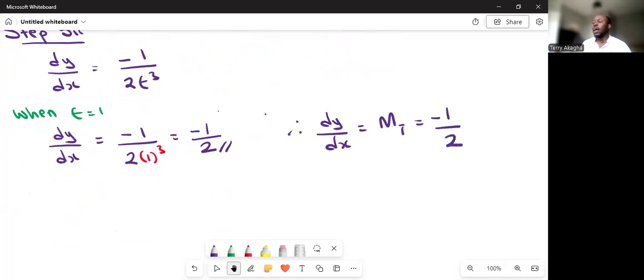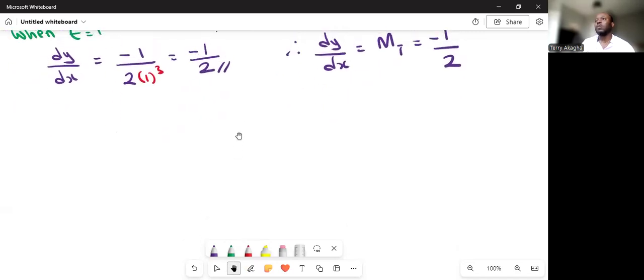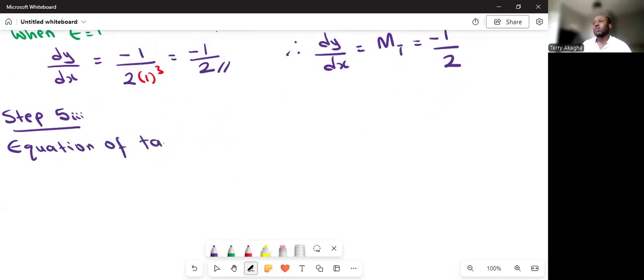All right. Now, we then have to find the equation of tangent and normal. So step 5.3 was for the equation of tangent, so we'll do that first. If we're looking for the equation of tangent, we said it is y minus y1 is equal to mt times x minus x1.